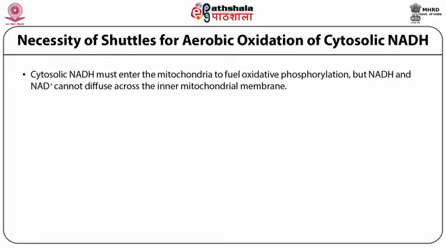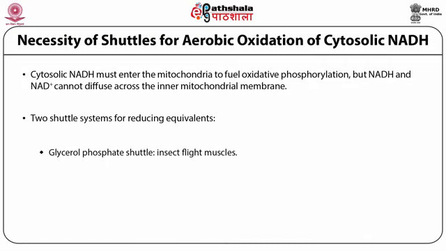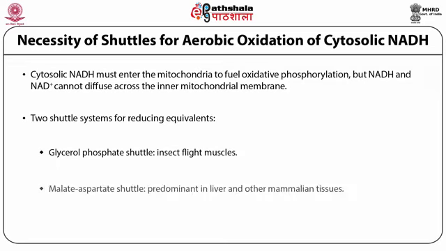Thus, two shuttle systems are used for the reducing equivalents. First is the glycerol phosphate shuttle, dominant in insect flight muscles, and second is the Malate-Aspartate Shuttle, which is predominant in liver and other mammalian tissue.